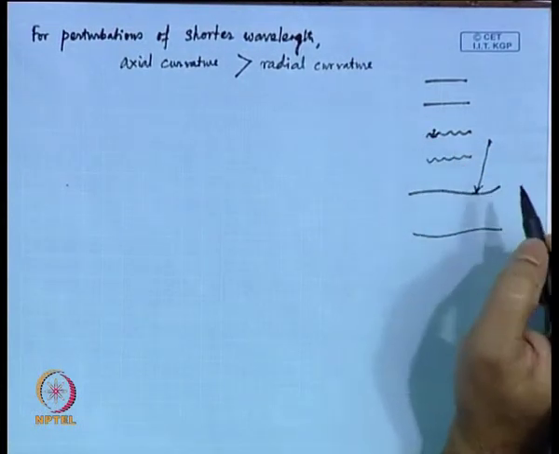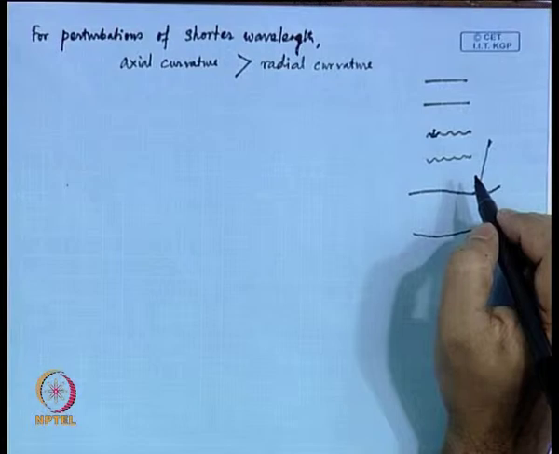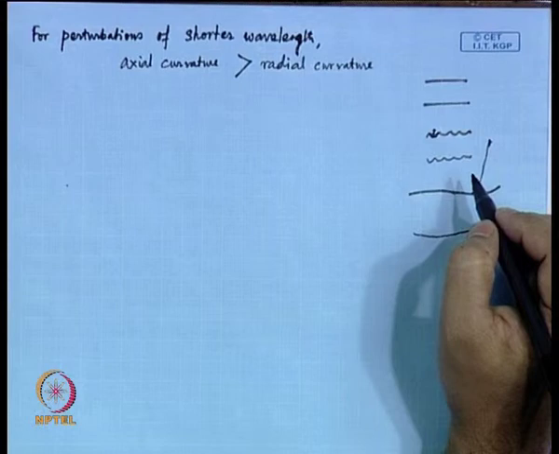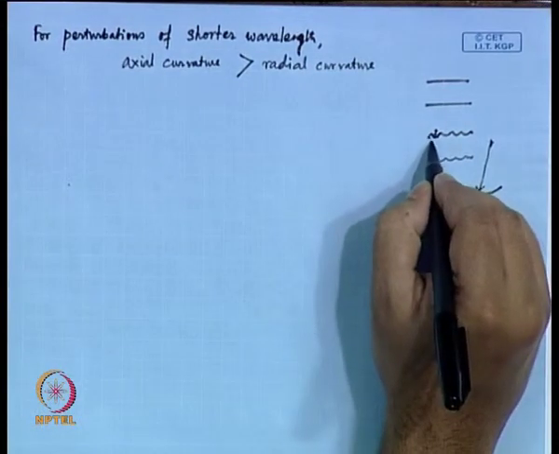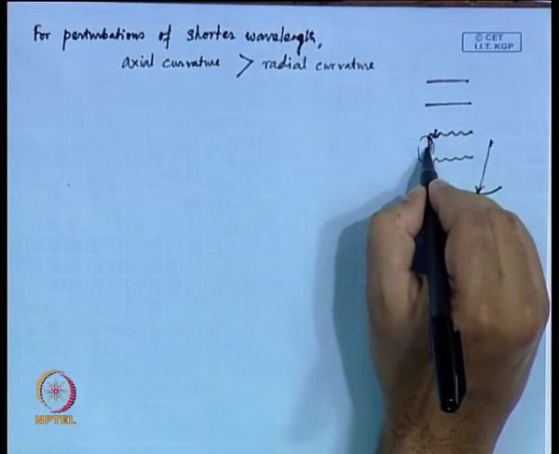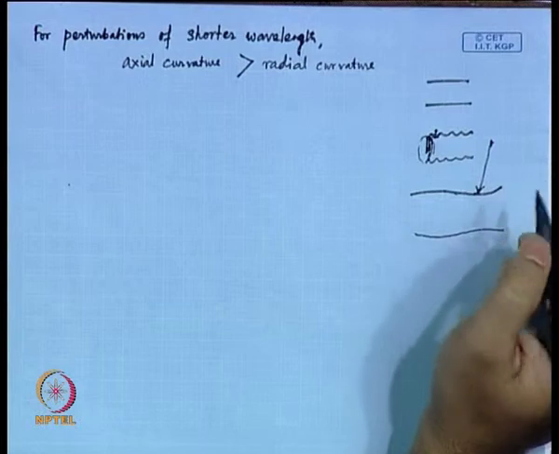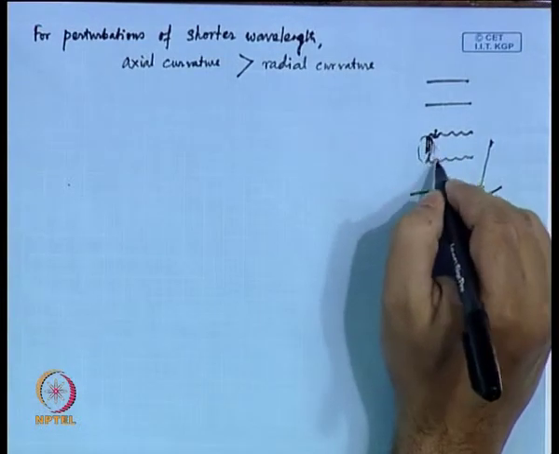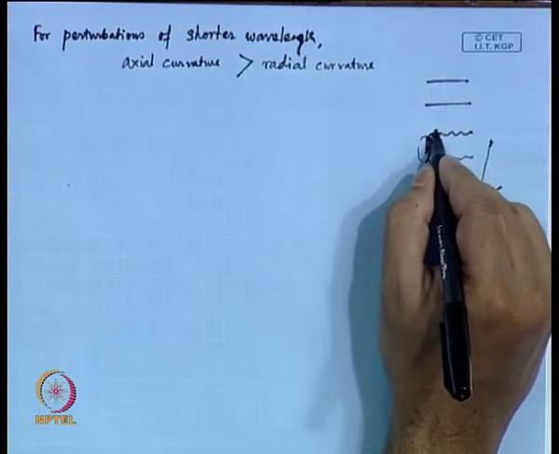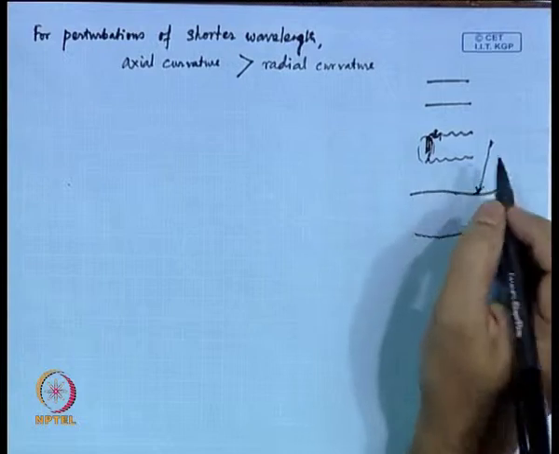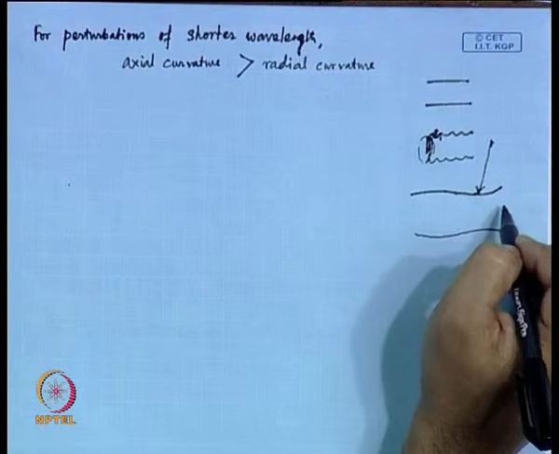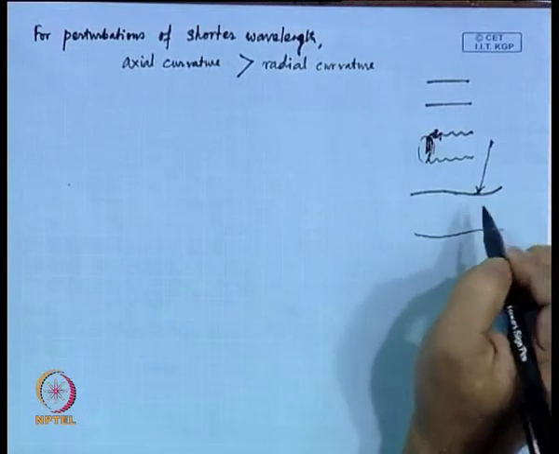Here the radius of curvature would be shorter, right. This is what we are referring to as the axial curvature, and the radial curvature is this quantity, the radius of that cylinder at the peak and at the trough. Here this much, here this much. So, this is the shorter wavelength and this is the longer wavelength.